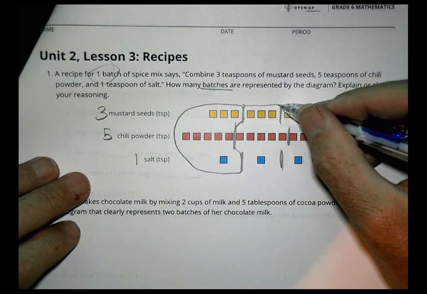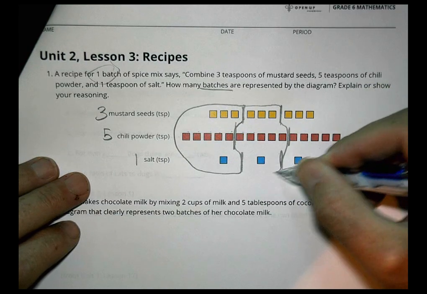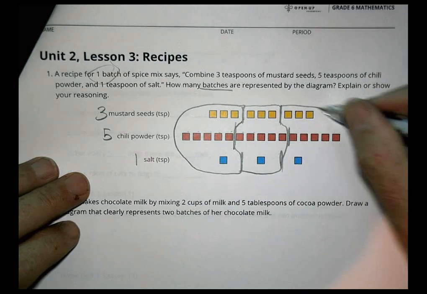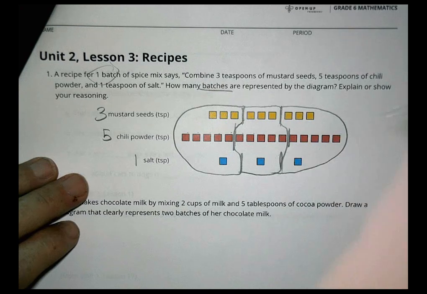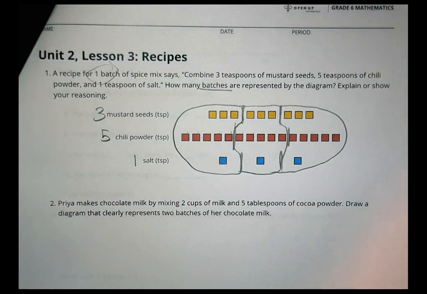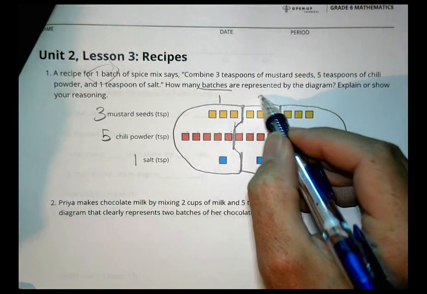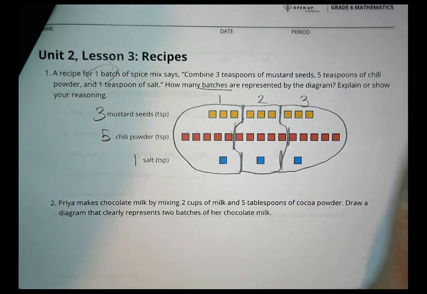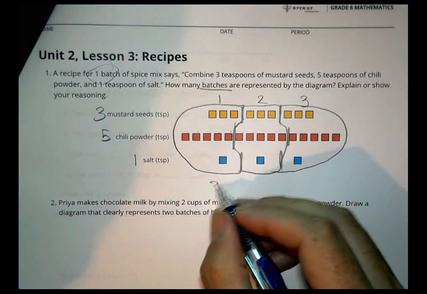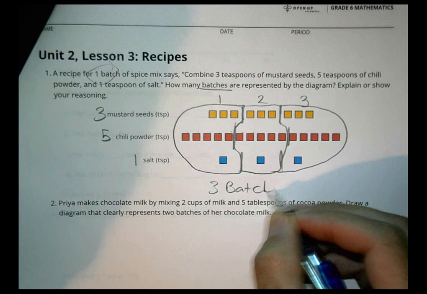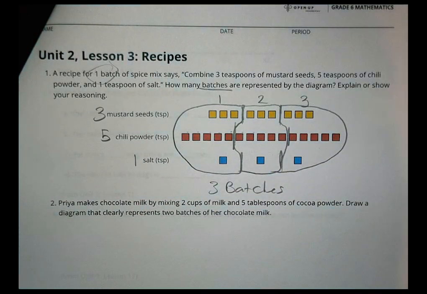Batch 2, I'd use 1 of those, 5 of those, 1 of those. So there's that one. And our final batch would use what's left there. So how many batches are shown in this picture? I have batch number 1, batch number 2, and batch number 3. So 3 batches are illustrated in this diagram.